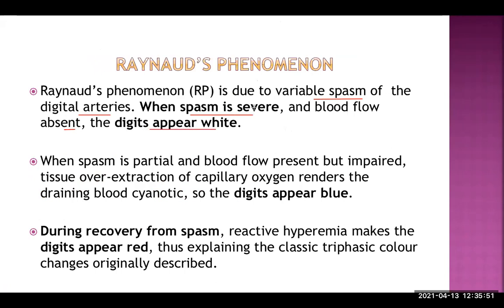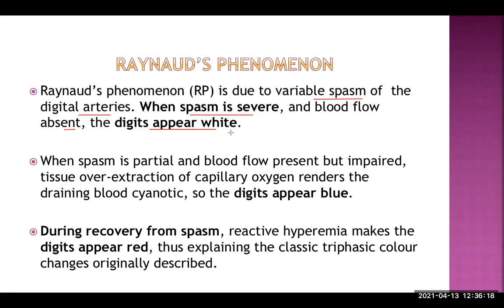So this is known as Raynaud phenomena, but actually this is a combination of three things going together. Three things. One, in the beginning, there is a spasm of the digital artery. Whenever there is spasm, there is no blood flow, so that area looks white. This is the first thing.